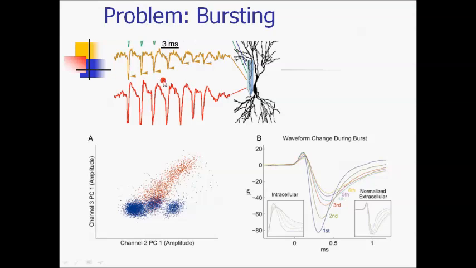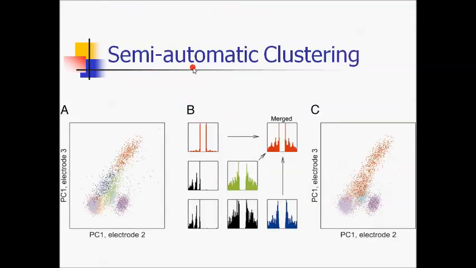What was the criteria here to figure out that those spikes are belonging to the same neuron? It was to look at cross-correlograms. So cross-correlograms are telling you what's the probability of one neuron firing, of spikes from one cluster, when neurons from other clusters are firing.